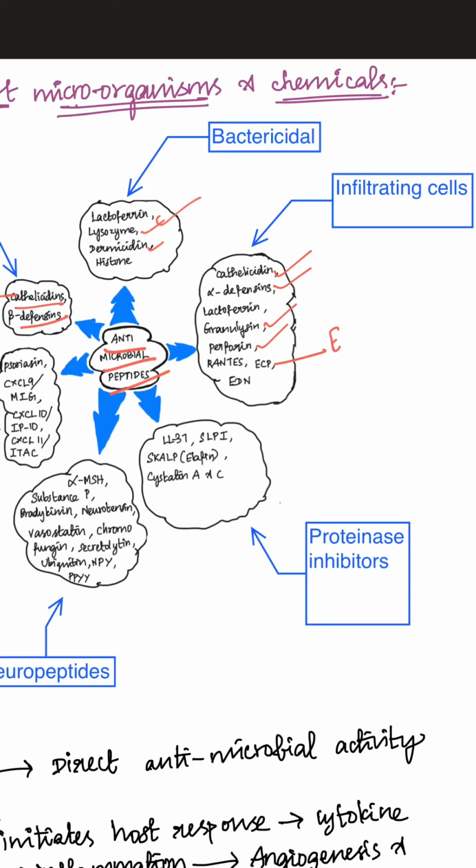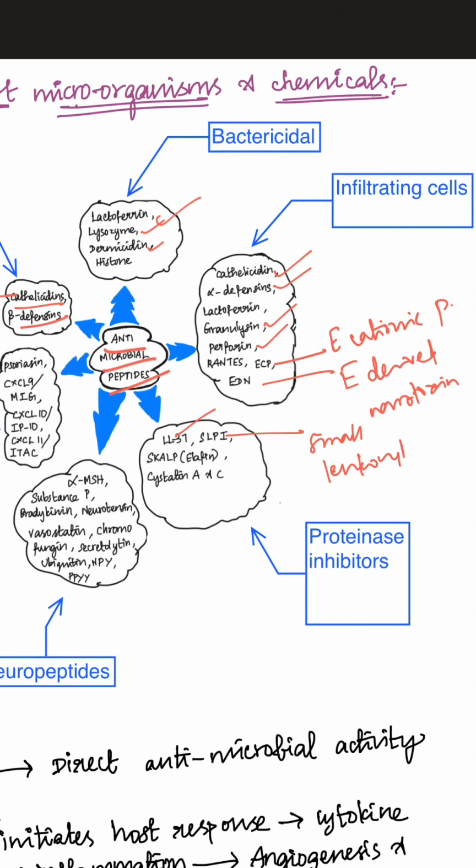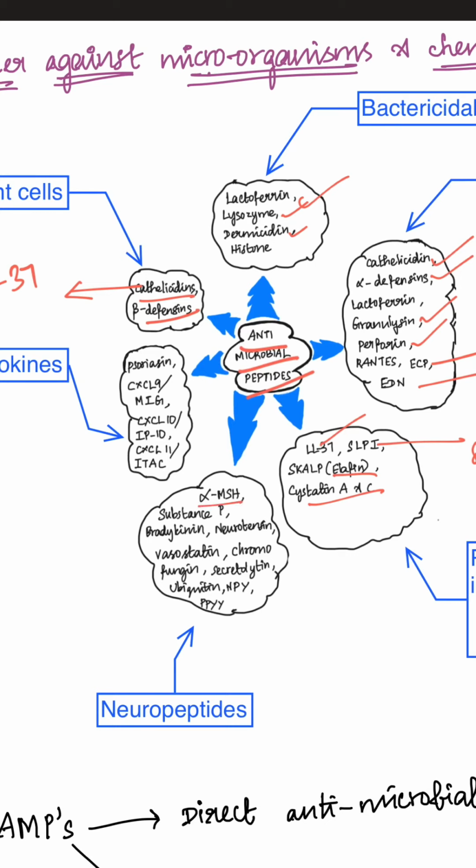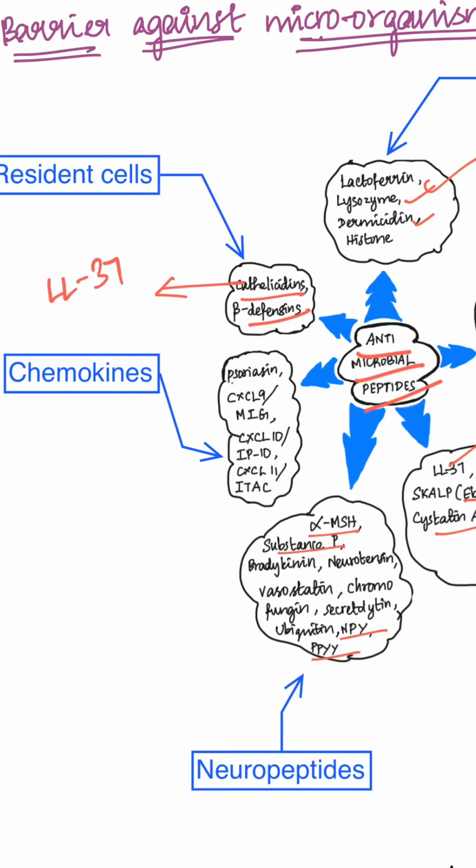ECP is eosinophilic cationic protein and EDN is eosinophil derived neurotoxin. And then those that act as proteinase inhibitors, like cathelicidin, SLPI, which is small leukocyte proteinase inhibitor, and then elafin, cystatin. Those that act as neuropeptides, like alpha melanocyte stimulating hormone, substance P, bradykinin, vasostatin, chromofungin, neuropeptide Y, and peptide YY. Those that act as chemokines, like psoriasin, CXCL9, 10 and 11.